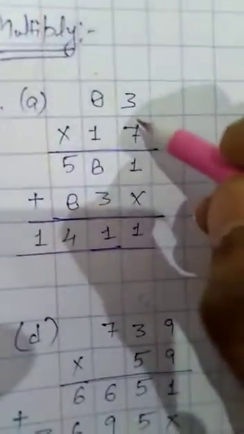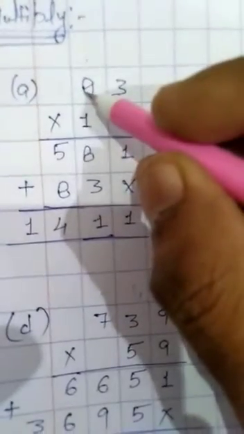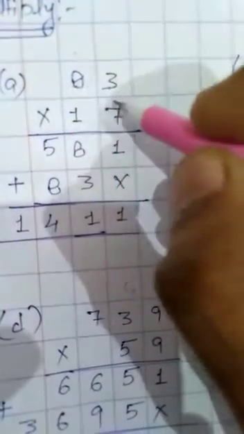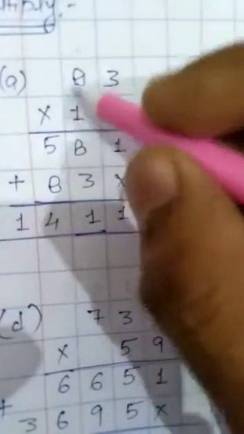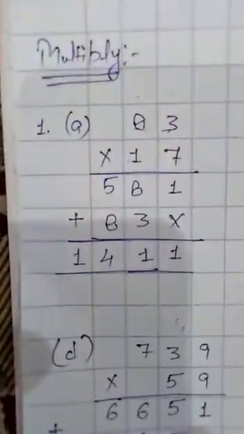We will multiply by 7 first: 7 into 3, then 7 into 8. After this, we will multiply 1 into 3, then 1 into 8. It means 1 multiplied by 83, and then they will be added. So our multiplication is done.